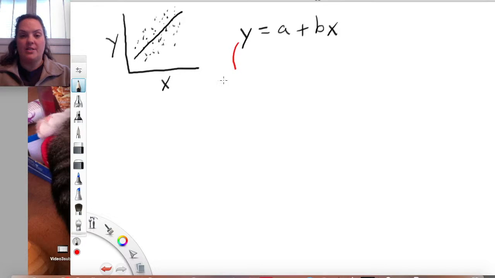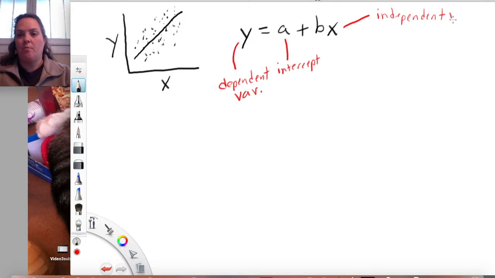Well, y is our dependent variable. A is our intercept. X is our independent variable. And importantly, B is our slope. And remember, slope is what we're interested in. And just to reiterate, the null hypothesis for a regression is that slope equals 0.